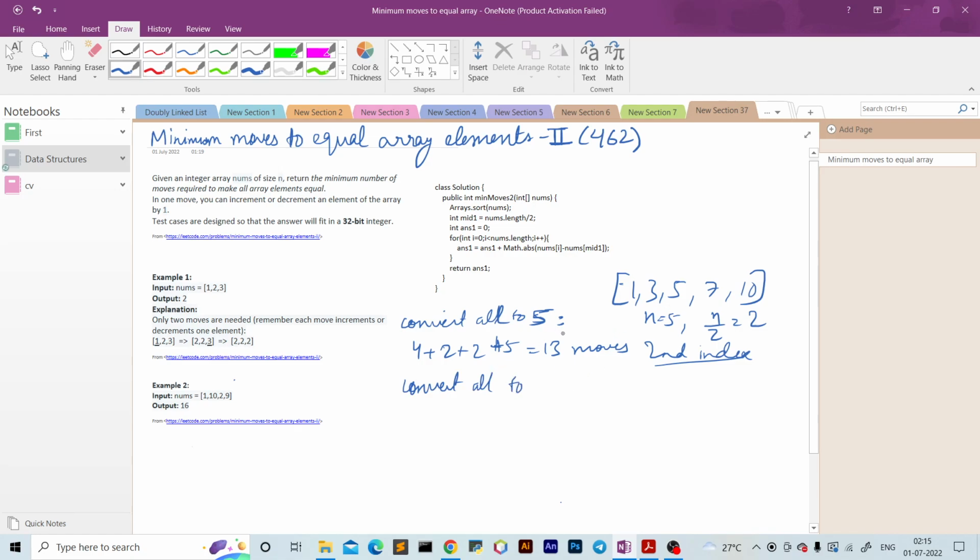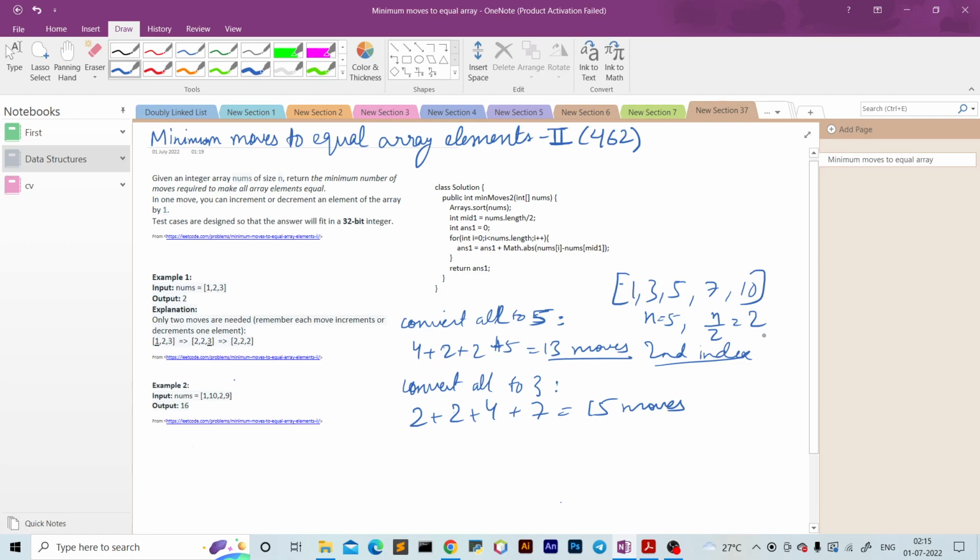Now let's check if this median thing is actually true or not. If we try to convert all to 3, we would have 2 plus again 2 plus 4 plus 7, which is 15 moves.